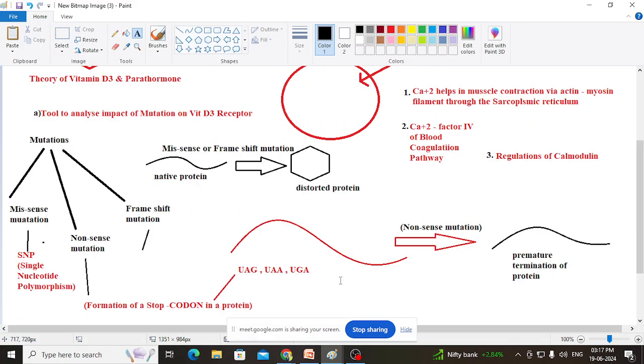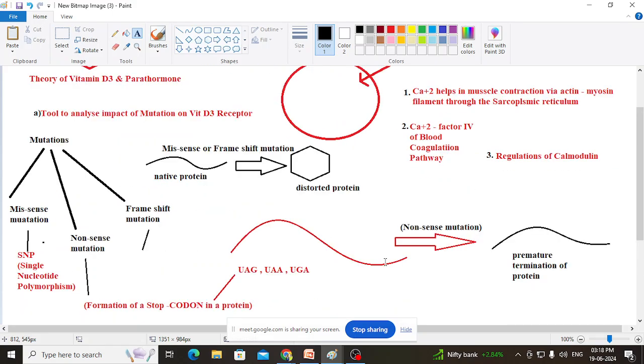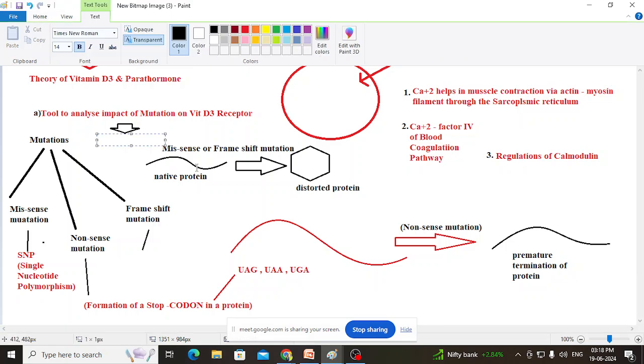So now we'll go to our tool. In order to identify the impact of these three kinds of mutations, missense mutation, nonsense mutation, and frame shift mutation, we'll use a tool. The tool is developed by the Harvard University Genetics Department. Simulation toolbox.